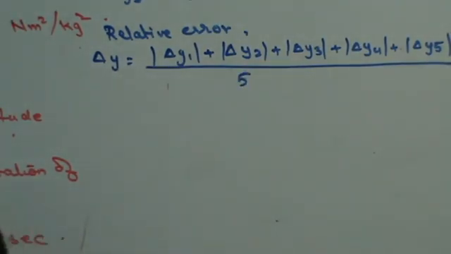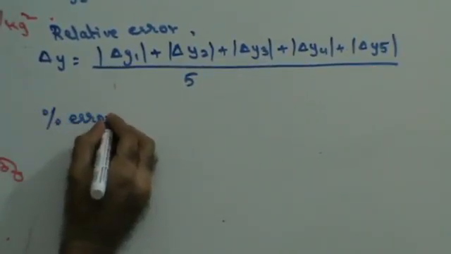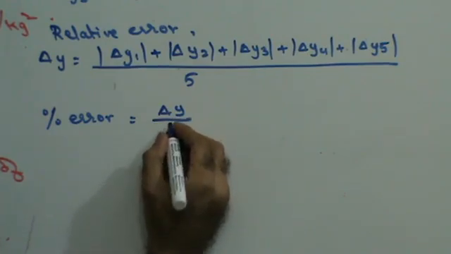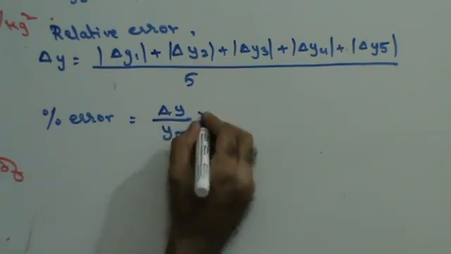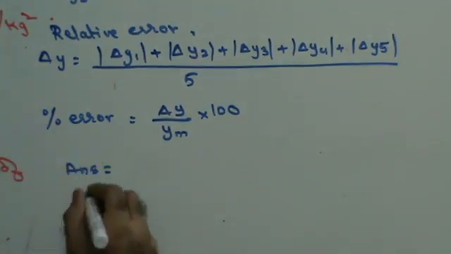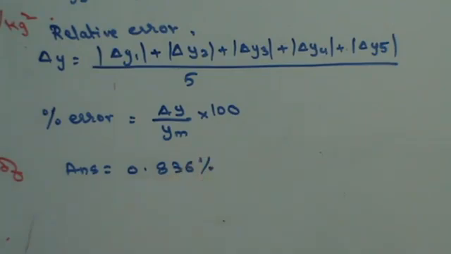Once you have this, you can find the percentage error. Percentage error is nothing but relative error divided by mean value into 100. Solve the sum, you should get your final answer for percentage error as 0.836%. I want the sum solved in the class right now, okay?